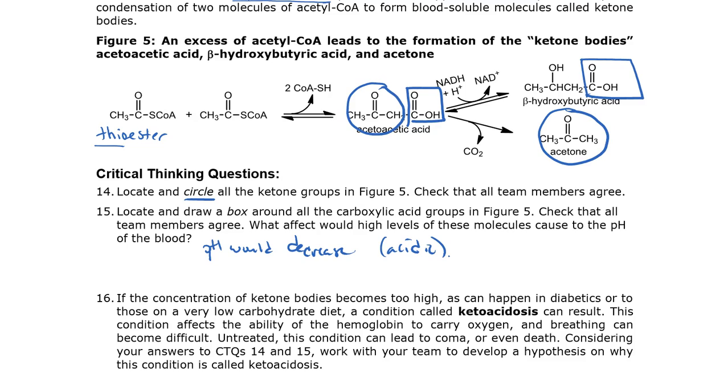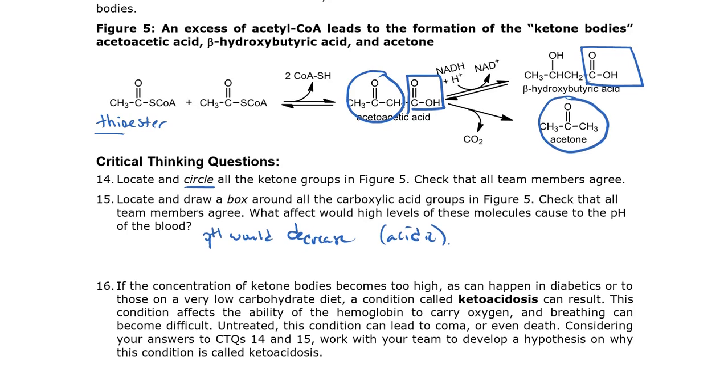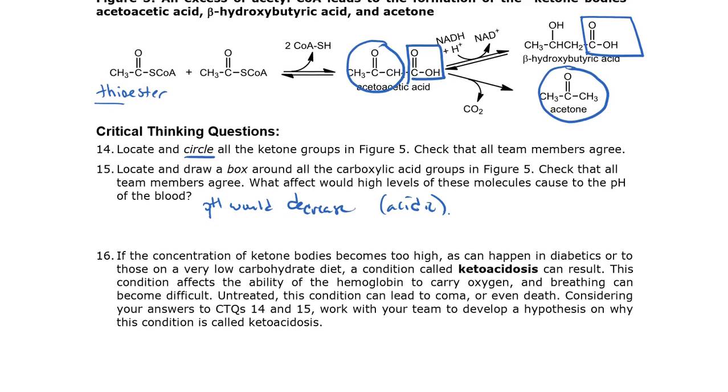And you might know this condition affects the ability of the hemoglobin to carry oxygen, breathing can become difficult, it can lead to a coma, we call a diabetic coma if it's in a diabetic, could lead to death. So, considering what you sort of circled and boxed here, why do you suppose it's called ketoacidosis? Pause and write an answer. Pause now.